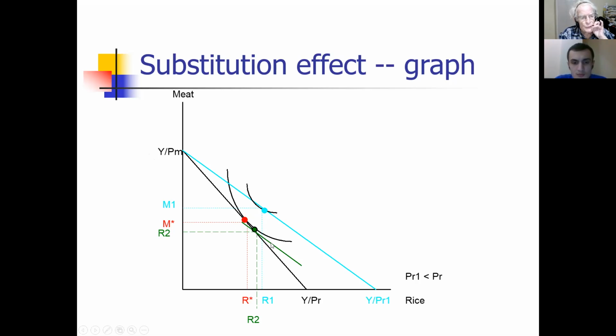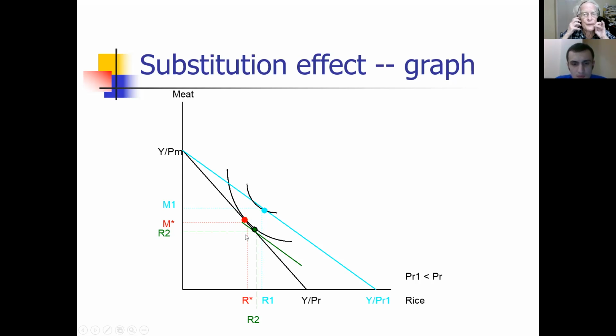Now, again, the price of rice has fallen, which means that in relative terms, the price of meat has risen. The substitution effect is that we cut back on meat from M star up to R2, from here down to here.